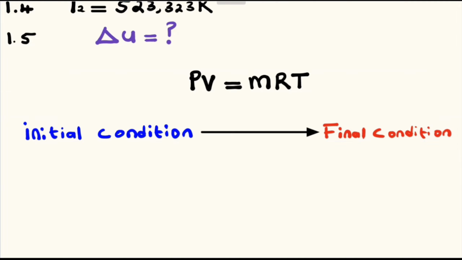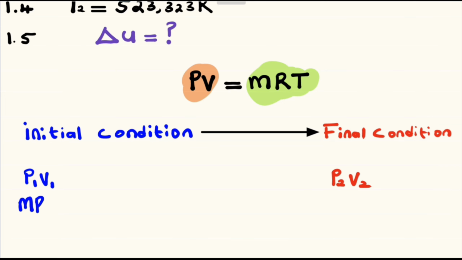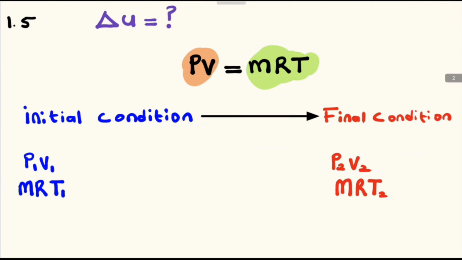And from the left hand side of the formula, we have that PV. So from the initial condition, we are going to have P1 V1, and from the final condition, we are going to have P2 V2. And from the right hand side of that formula, the MRT, the mass and the gas constant are constant. So we have M multiplied by R multiplied by temperature number 1. And on the final condition, we have M multiplied by R multiplied by temperature number 2.